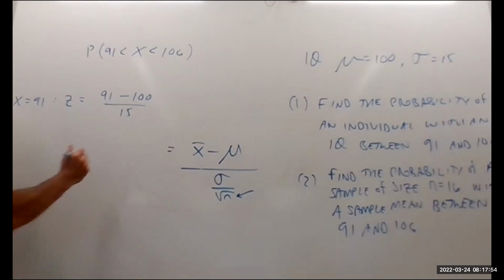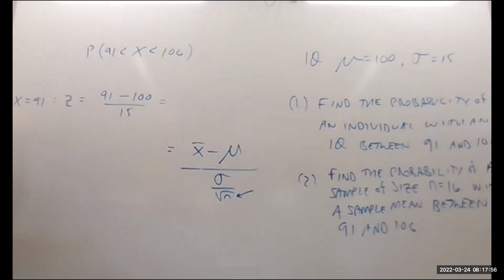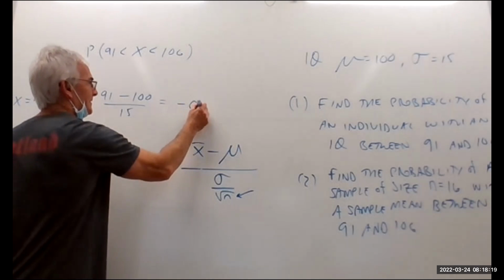And what is this exactly? You sure? 91 minus 100 divided by 15. It's negative. That does matter. No, it's negative 0.6.